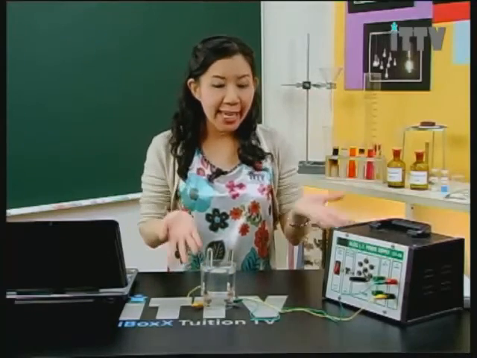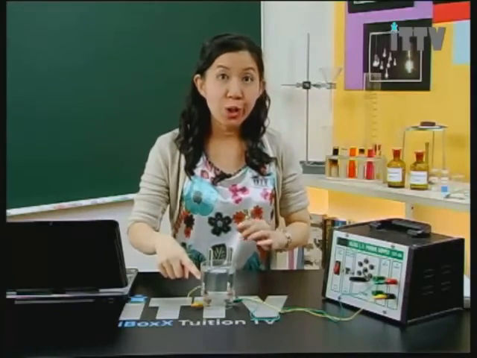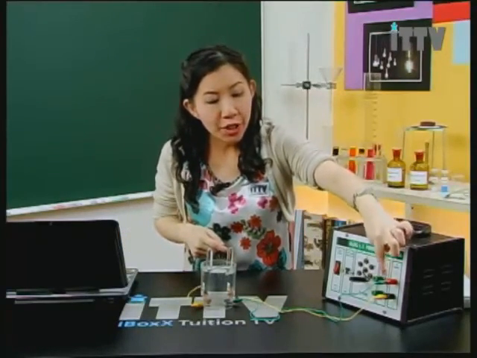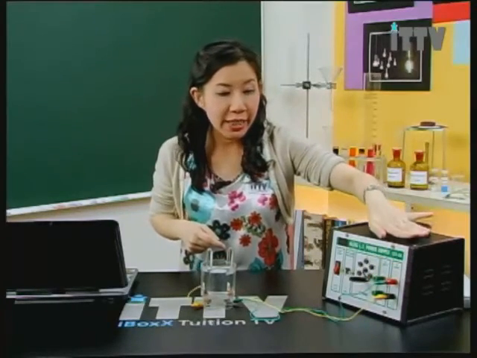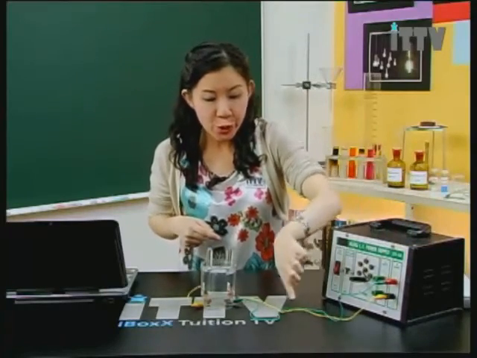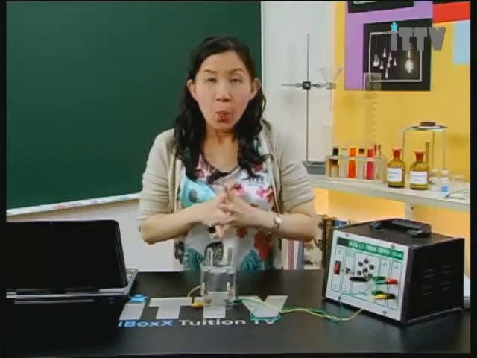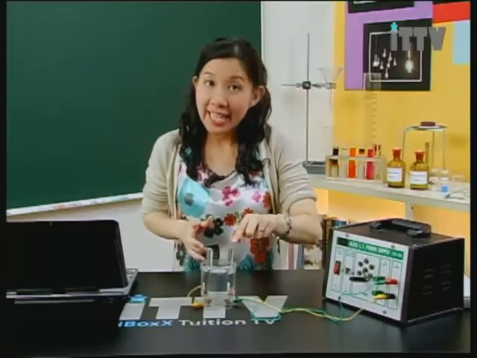So this is the electrolysis setup, and the electrolyte is dilute sodium chloride solution. As you can see, the green crocodile clip is attached to the positive terminal of the battery, to this particular carbon electrode. Positive terminal for electrolysis means that this will be the anode.